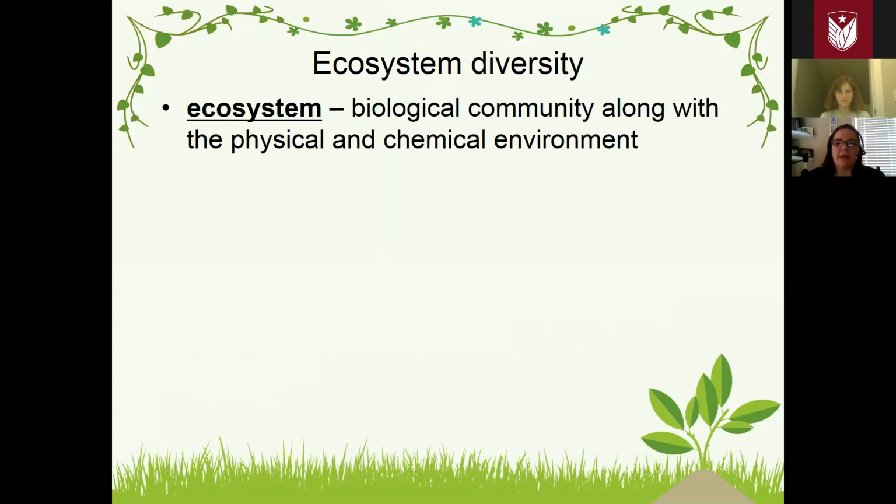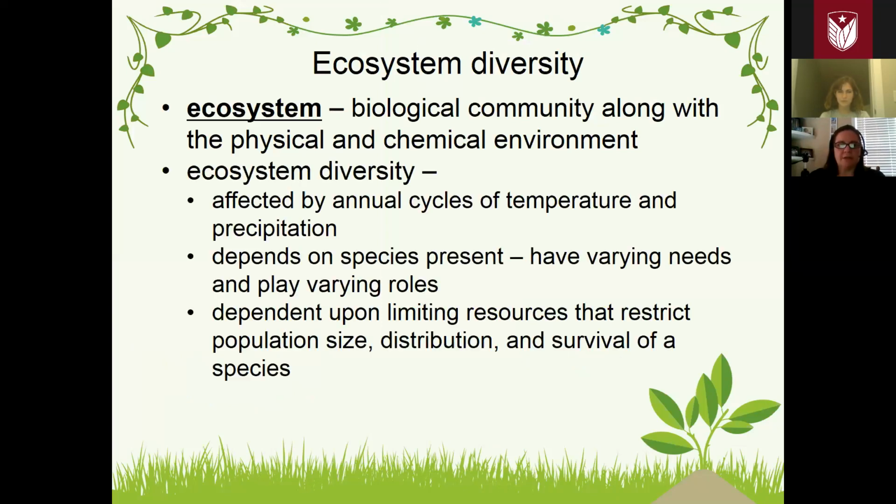And finally, we have ecosystem diversity, which I defined before. This is a little bit more information about how different ecosystems can have different temperatures, precipitation, and species that are present. Think about, say, the Mediterranean versus Eastern North America, which has lots of forest.